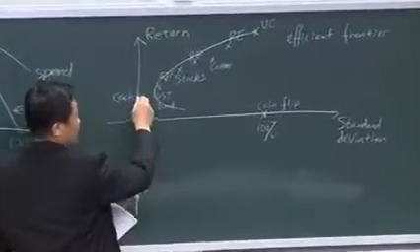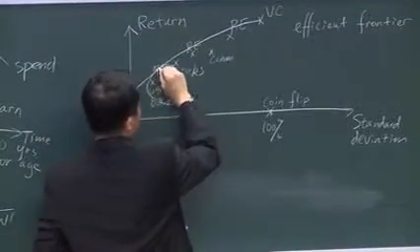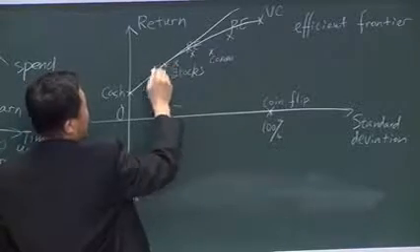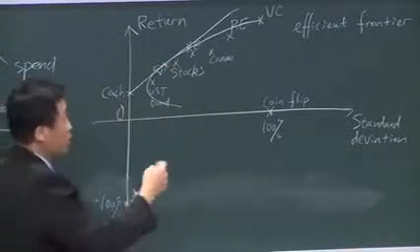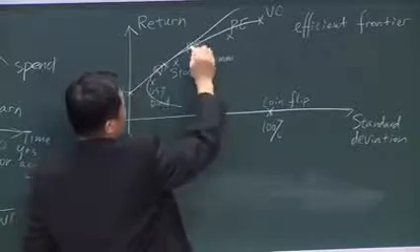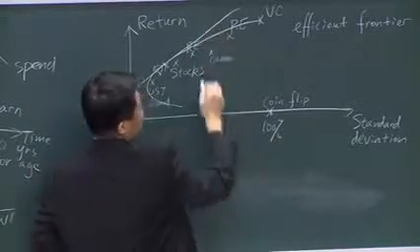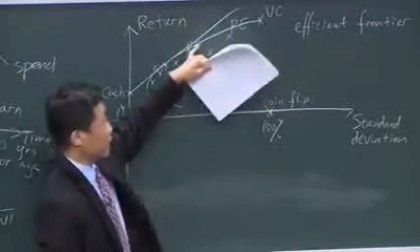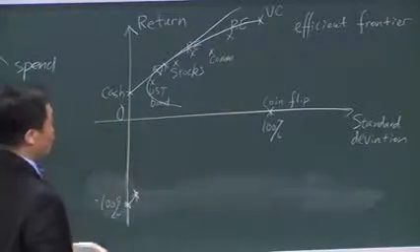Because when you add on cash, you can combine the cash into the portfolio by having a higher boundary, higher efficient frontier, and essentially higher return with the same exposure.